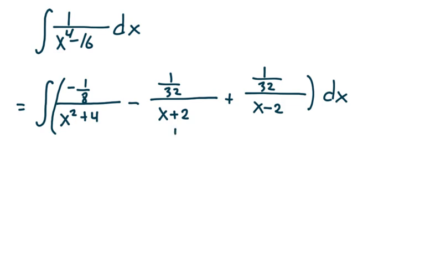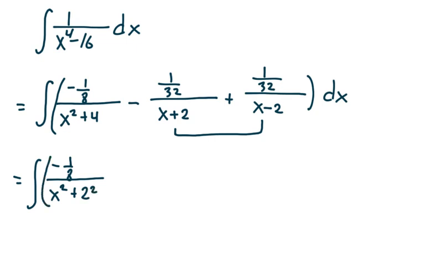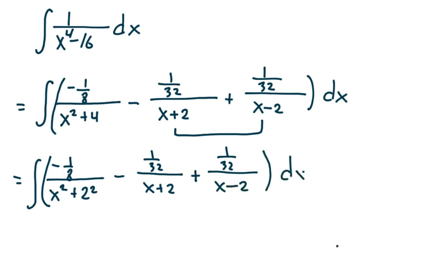Now, we could do these terms pretty quickly. So this is negative 1/8 divided by x squared plus 2 squared, minus 1 over 32 divided by x plus 2, plus 1 over 32 divided by x minus 2, dx.